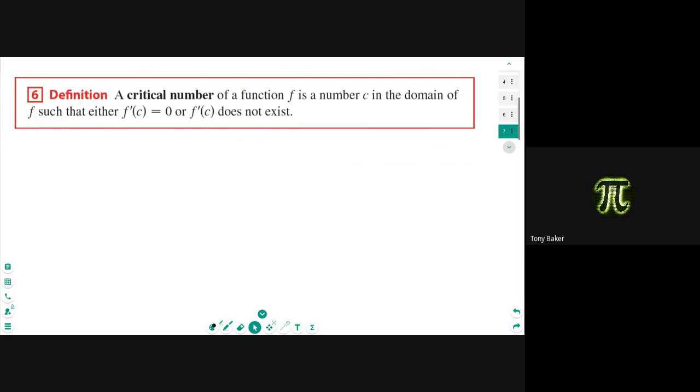Those are going to be our critical numbers. Then we would test those numbers to determine if each is a local min, local max, or possibly nothing, as we saw in the x to the third case.